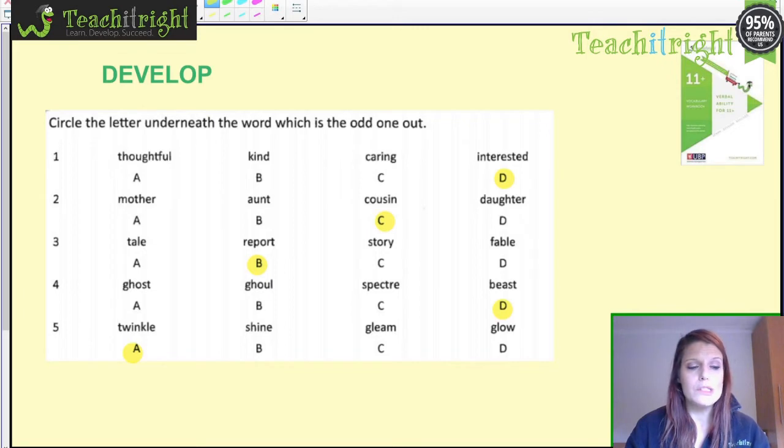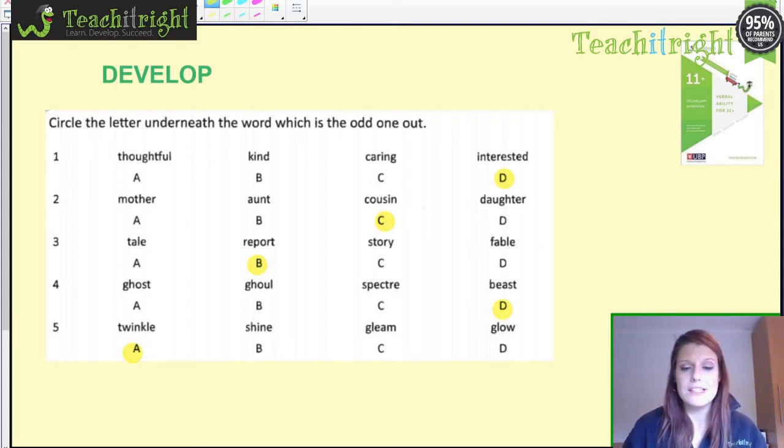Number 2 was cousin. And this is because a mother, aunt and daughter are all female family members. A cousin could be, but isn't necessarily. So that's the odd one out there. Number 3 is report because the others are all forms of fictional writing.